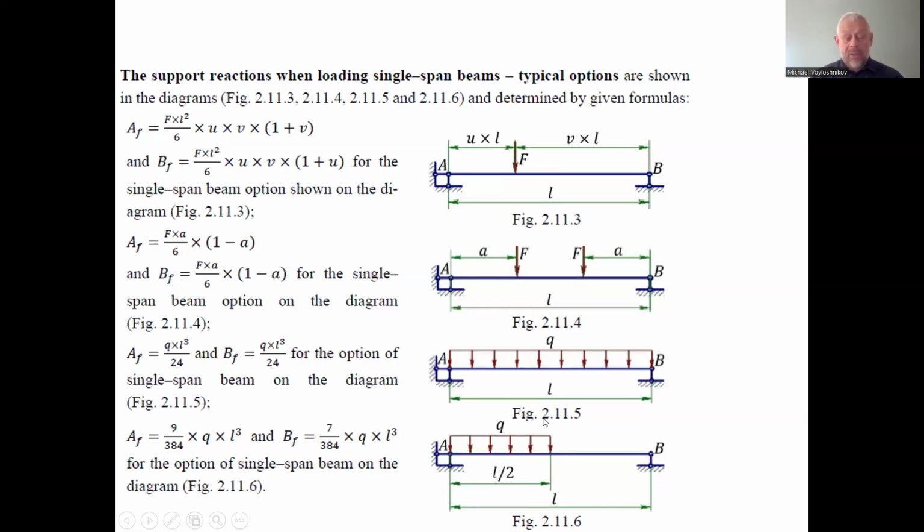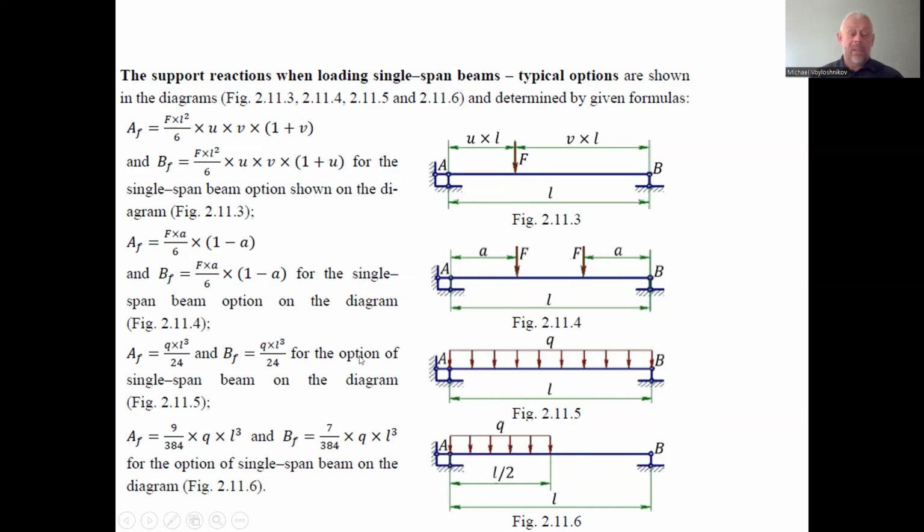Indicated on draft 2.11.5, we have these two formulas if we have distributed load, but not for the whole length of the single span, only for distribution of the load over half of the span.